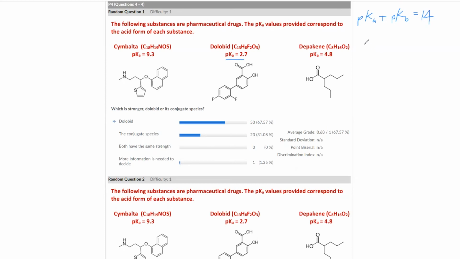Therefore pKb must be equal to, of the conjugate, so pKa is for the weak acid and pKb is for its conjugate base, 14 minus pKa, which is 14 minus 2.7. It's going to come out to be 11.3.